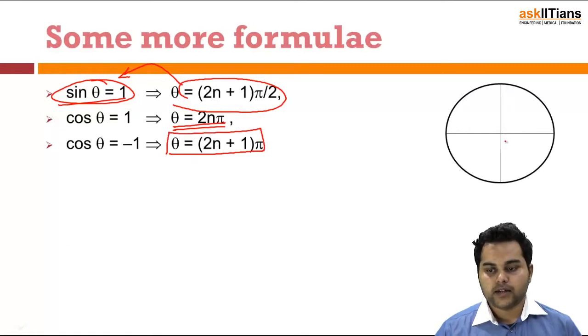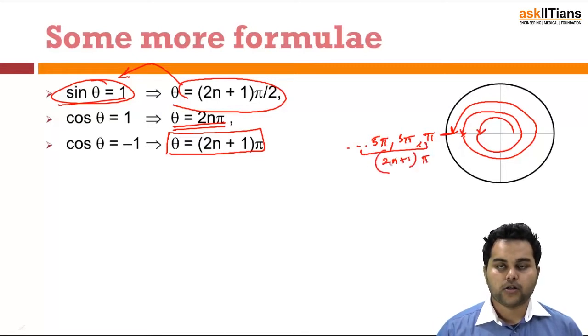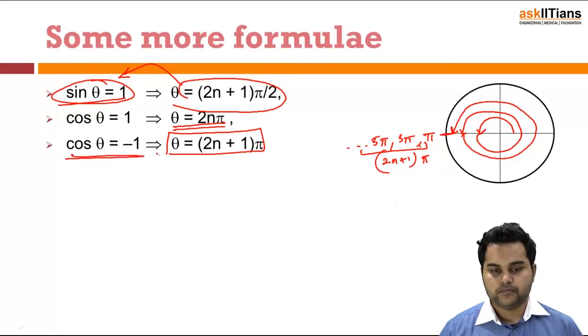So in the first circle I would be getting one value, that is pi, so I'll be completing the circle, and then again coming I would be getting 3 pi, then in the next circle again I would be getting 5 pi and so on. So these values can be condensed as 2n plus 1 pi would be the solution set or the general solution to cos theta is equal to minus 1.